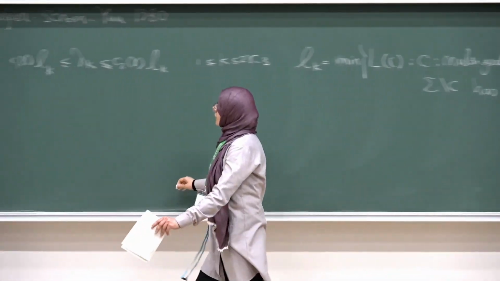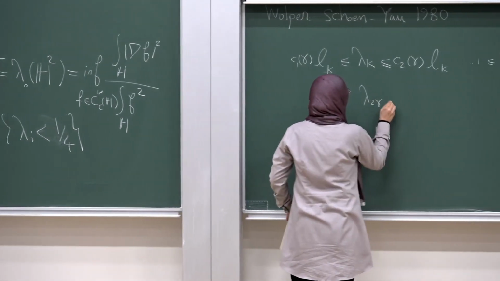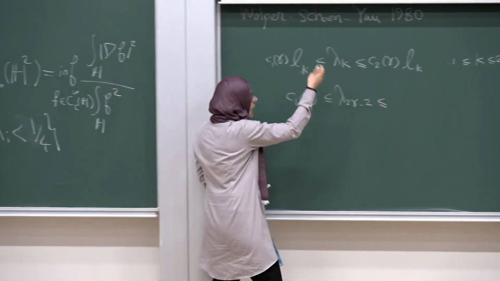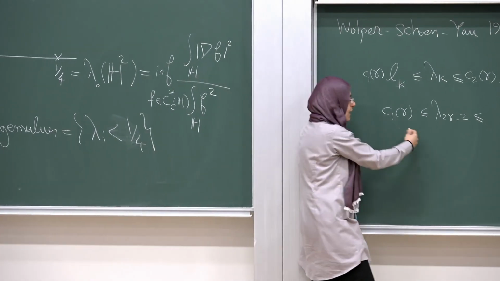And then they show that for lambda 2 gamma minus 2, if Lk goes to 0, then we have a gap.